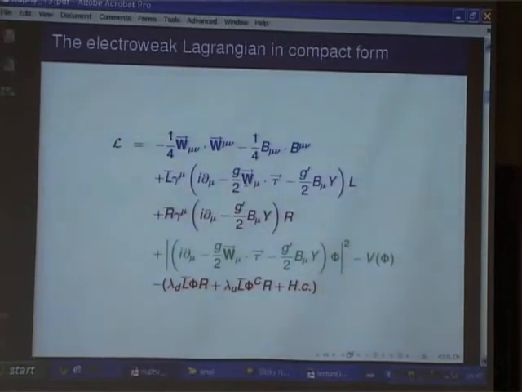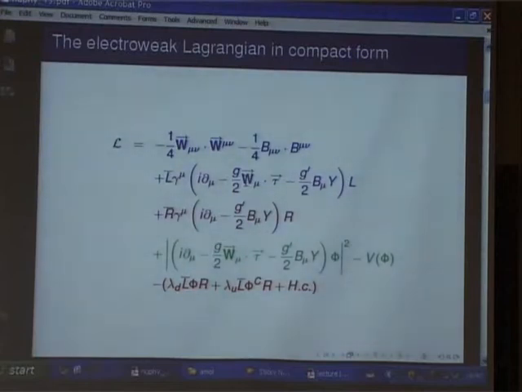And W is, you can see, written as a vector. So these are the three particles W1, W2, W3. They form three components of a vector. And these three are the gauge particles of SU2. Concretely what it means, we will see.